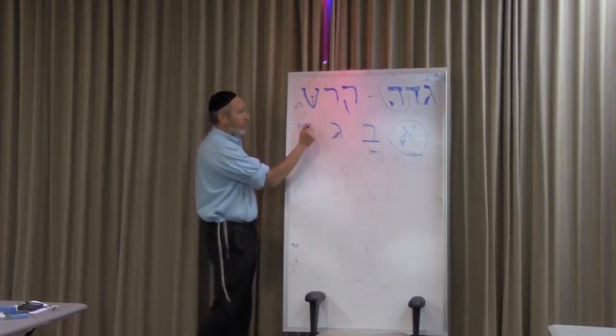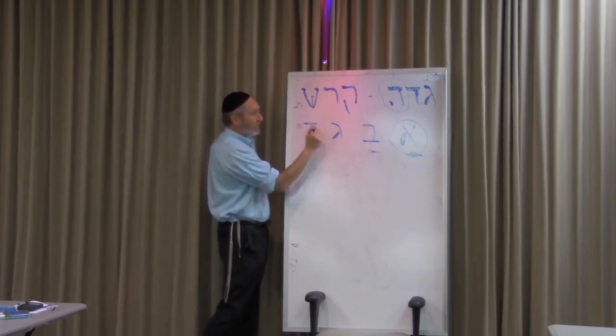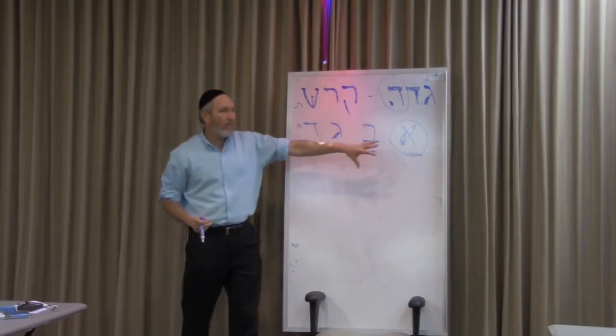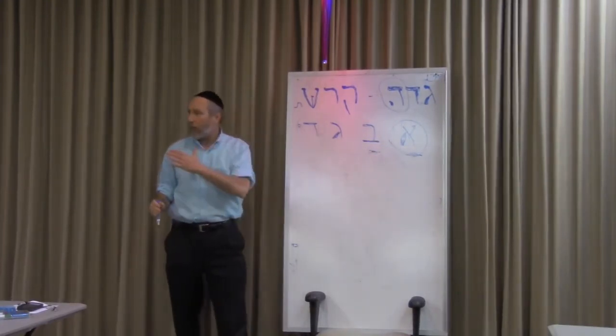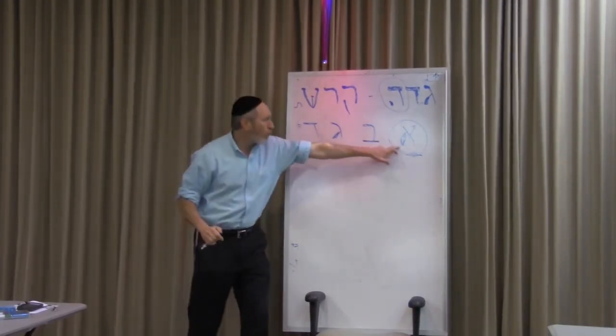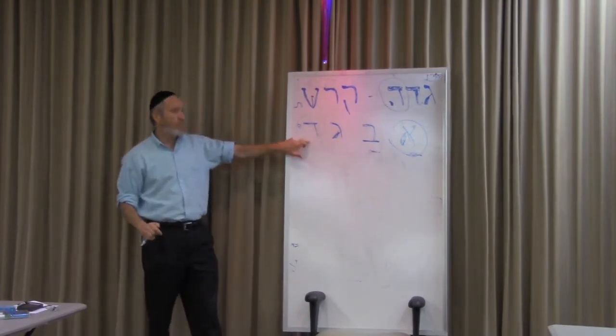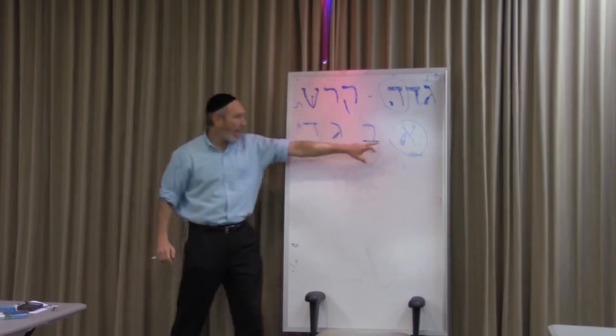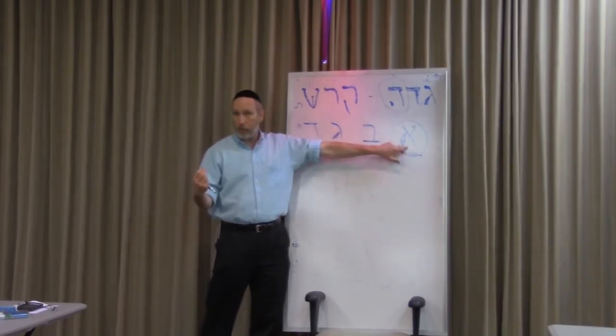Gomel, give. The word Dalet is Dal, which is poor people. So it's a little bit of a phrase now. Here's how the Hebrew alphabet starts: learn knowledge, give to the poor. That's the phrase.